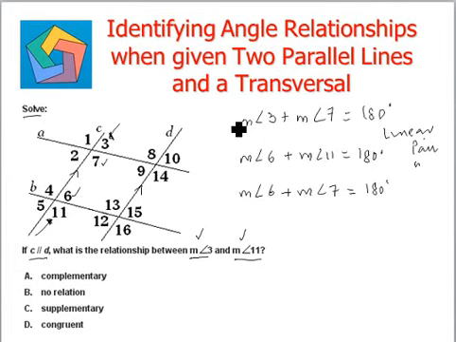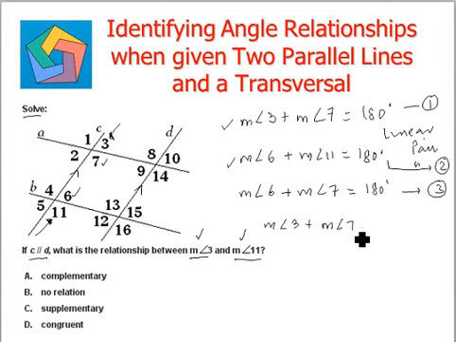So we have three equations. This is equation 1, this is equation number 2, and this is equation number 3. So let's add 1 and 2. So we have measure of angle 3 plus measure of angle 7 plus measure of angle 6 plus measure of angle 11 equals 180 degrees plus 180 degrees.